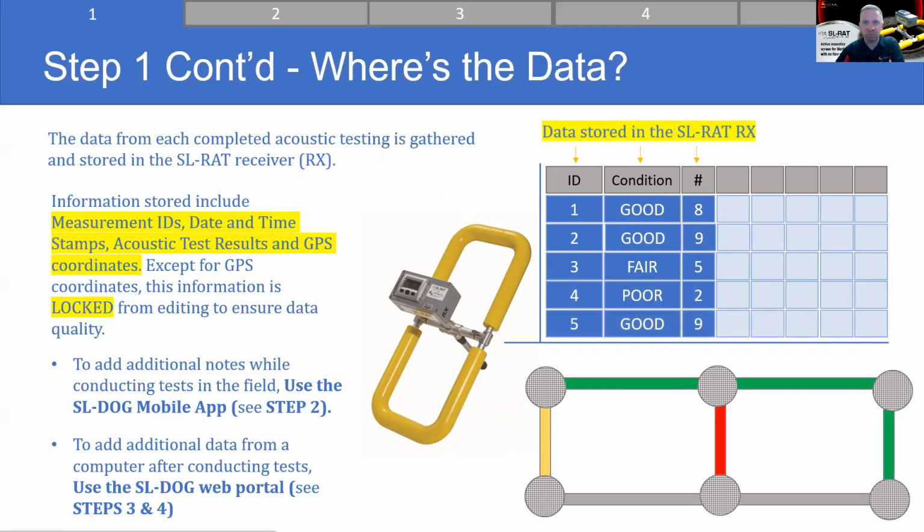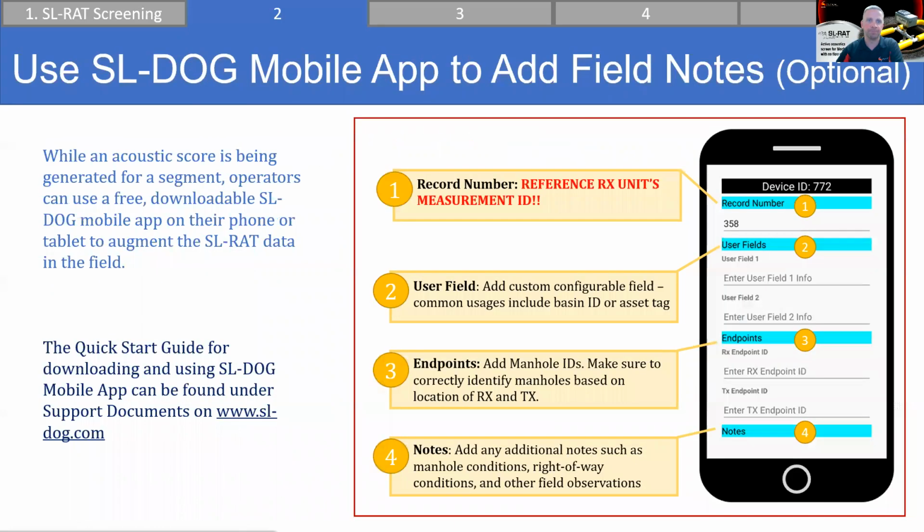At this point, the raw field assessment data resides solely on your SLRAT unit. If the device is damaged or destroyed at this point, as an example, all of your undownloaded data will be lost. You can also enhance this data while in the field using the mobile app, which is step 2.